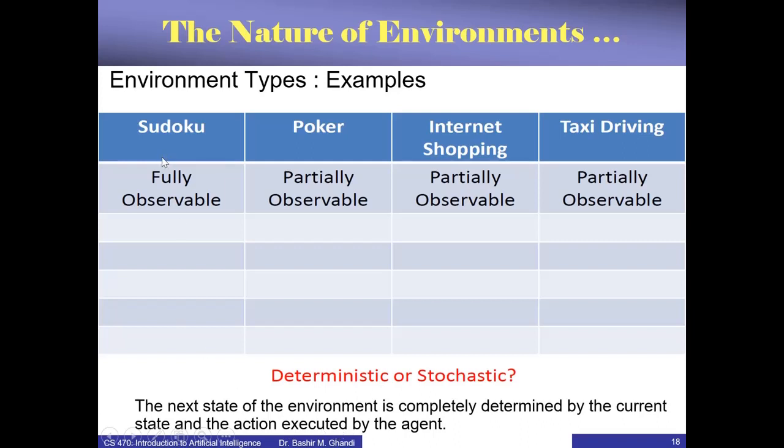So let's take the agents one by one. The agent that is trying to solve the Sudoku game clearly is deterministic, because if you have a board, let's say currently it has about 50 cells filled in, and now the agent decides to fill a particular cell with a given value, then the next state will be the resulting state after entering that value, nothing else.